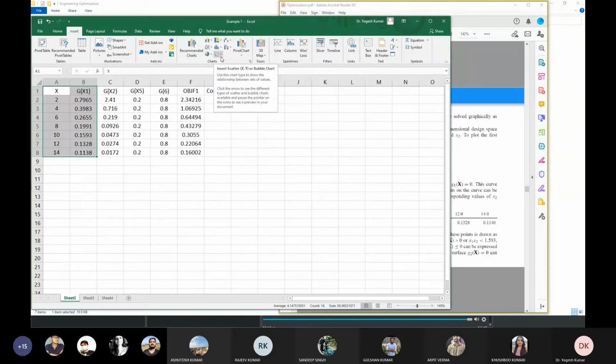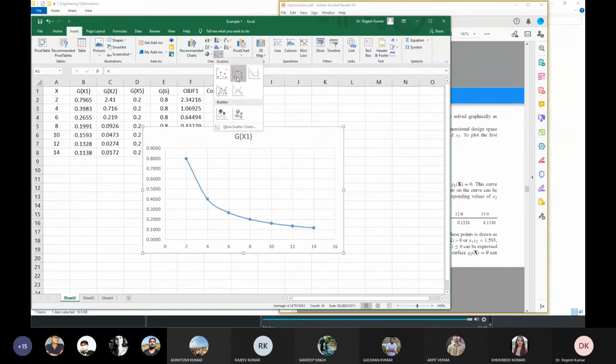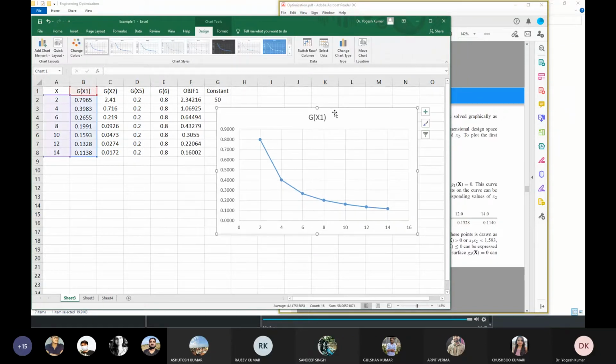Here you can see there is scatter with straight line and marker. If you click on this option, your graph for g1x is created for the corresponding values of x1.